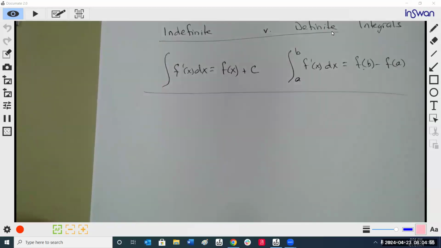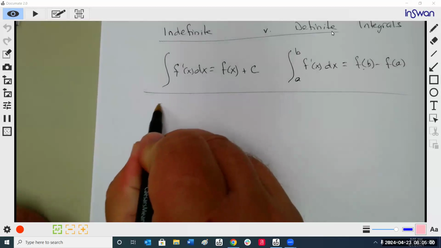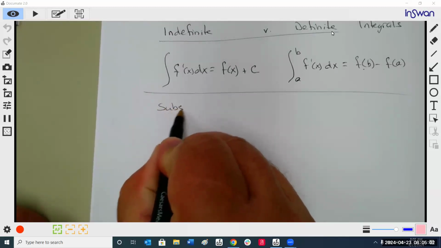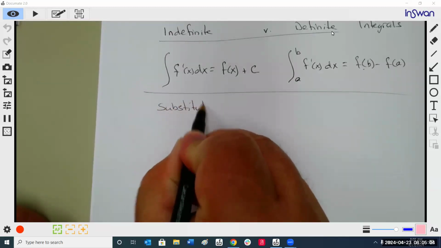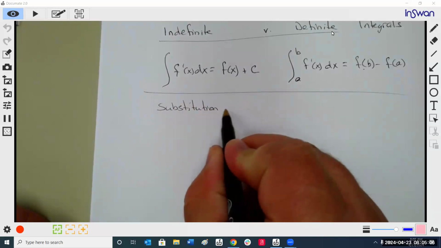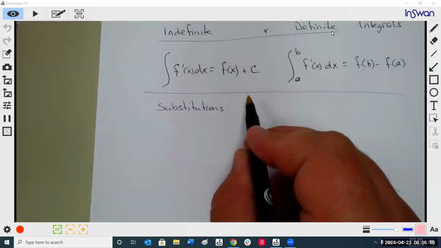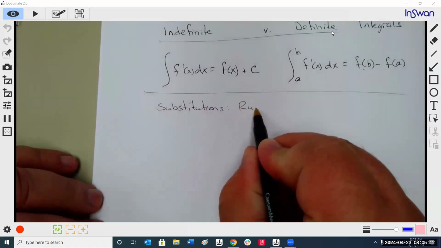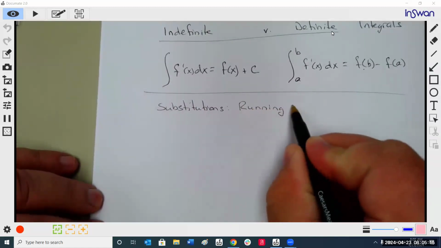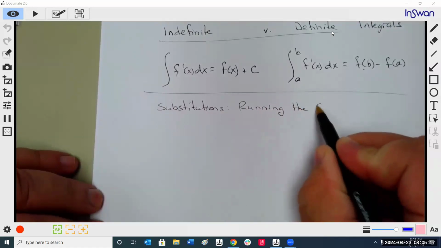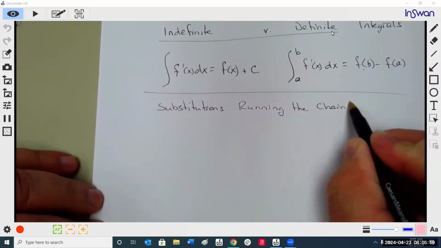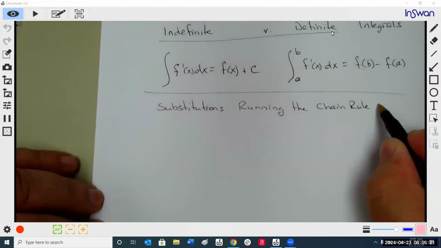So how do we find the antiderivative? We're going to look at substitutions first. Basically, as the notes say, it's running the chain rule backwards.